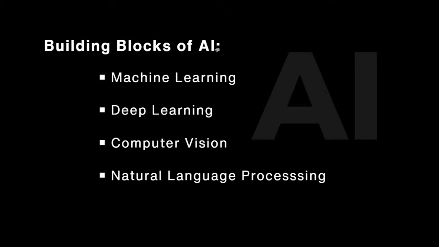We also have computer vision and natural language processing. What are the building blocks of artificial intelligence? Machine learning, deep learning, computer vision, and natural language processing. These four things are used for creating artificial intelligence.